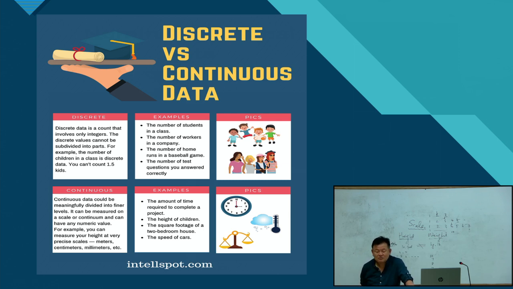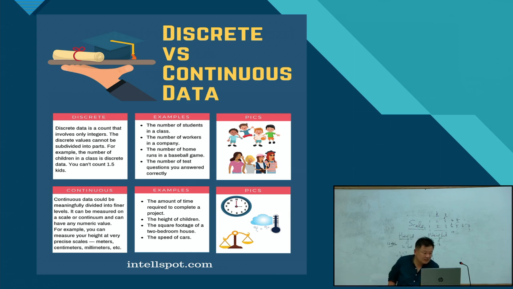You cannot count 1.5, because how can you? Examples of discrete data are the number of students in a class, the number of workers in a company, the number of home runs in a baseball game, the number of test questions you answered correctly.